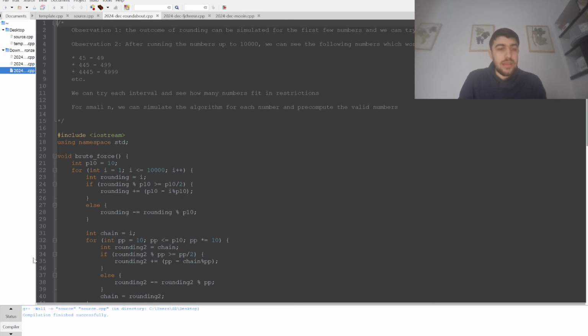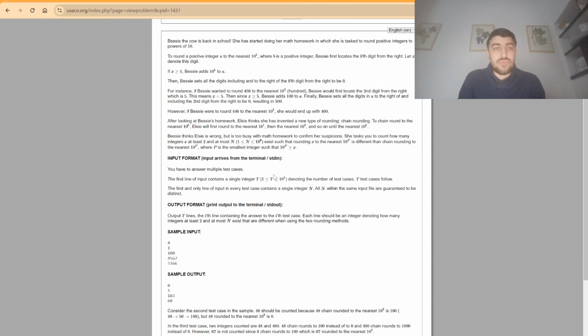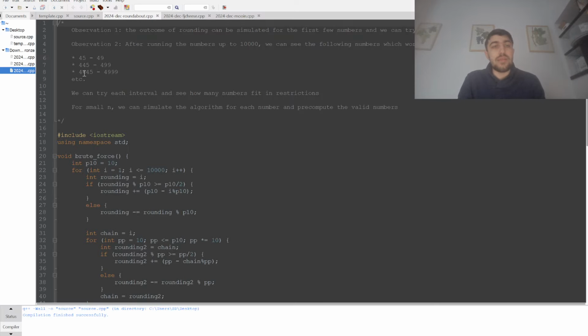Now, because the values in the input are up to 10 to the 9, you will have to be a bit careful when it comes to multiplying the numbers from the current range to get to the next one, because if you have numbers with 9 digits and you want to multiply them by 10, if you're using C++ or Java, multiplying these numbers by 10 will have you overflow, and it's ideal to use a long data type, either long from Java or long from C++.